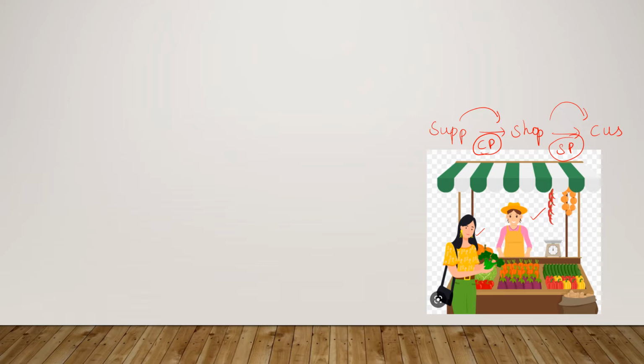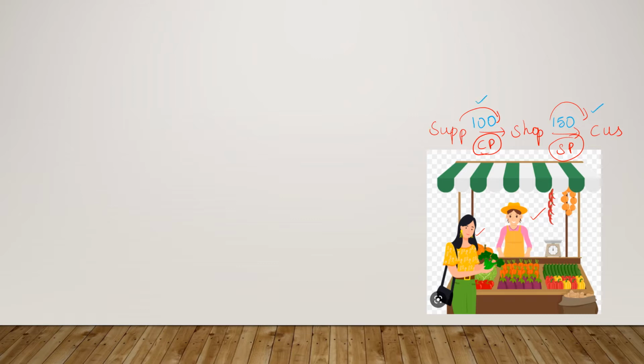For example, I am taking the cost price as 100. From the supplier, he bought some fruits for rupees 100, and the shopkeeper is selling that same fruit to the customer for 150 rupees. Clear? Here it is 100, here it is 150.